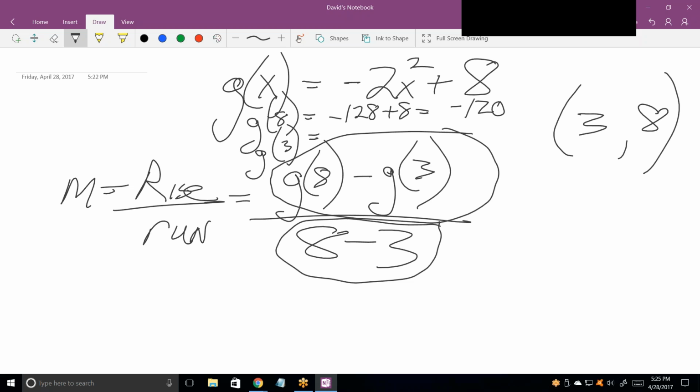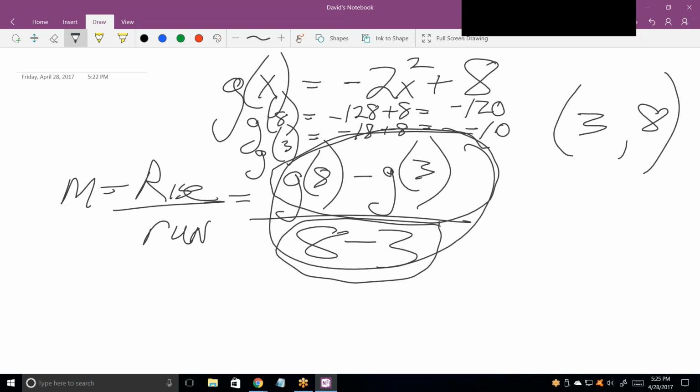Okay, so now what's g of 3? Negative 2 times 3 squared plus 8, which is negative 2 times 9 plus 8. Negative 18 plus 8, so negative 10. Now let's fill in this.